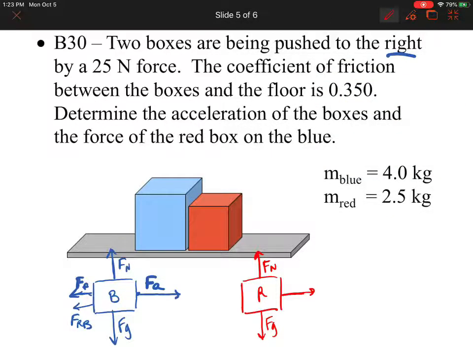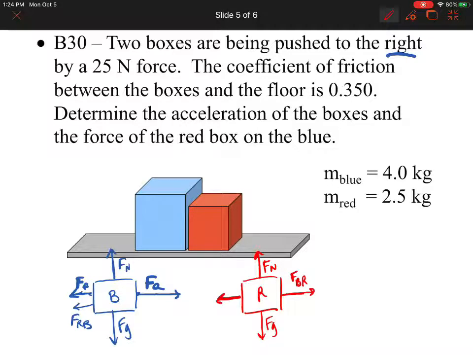It's not on the red box, which I get, that's kind of annoying. And if you put applied force here, would it be wrong? Not necessarily, but I want to consider it as the force of the blue box on the red box. Because remember, we're actually pushing the blue box, which then in turn is pushing the red box.